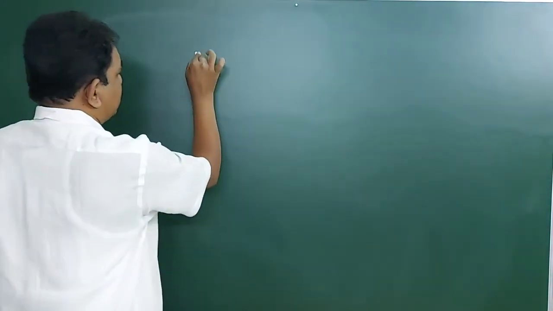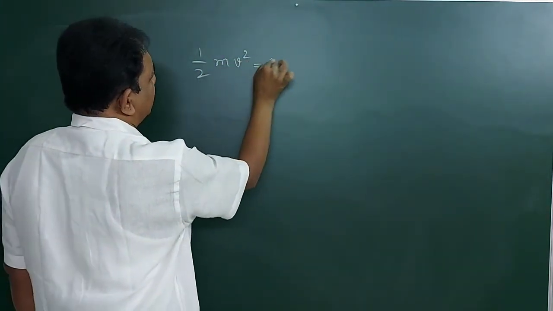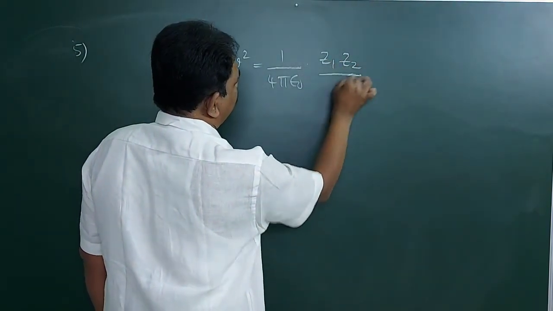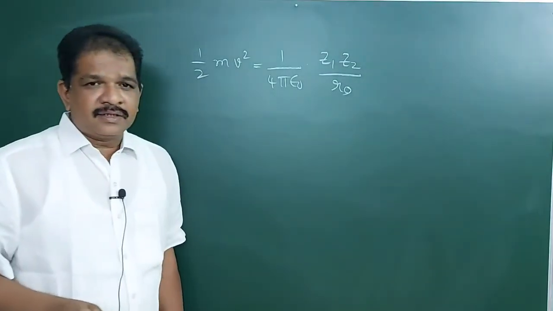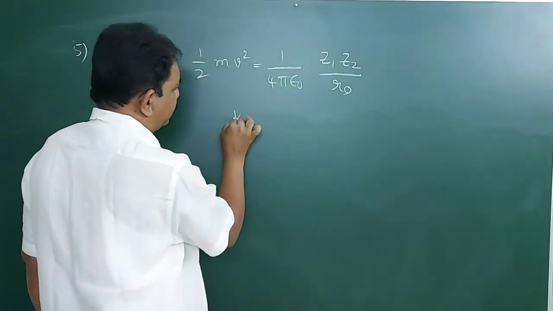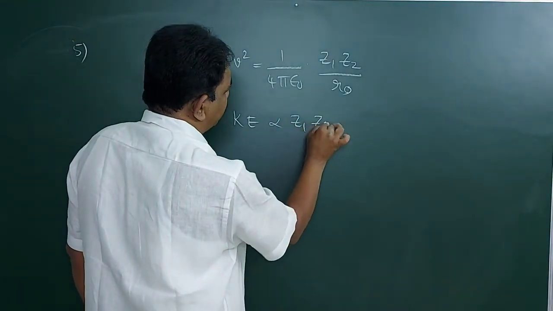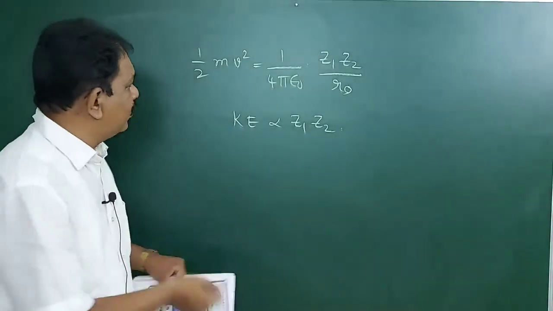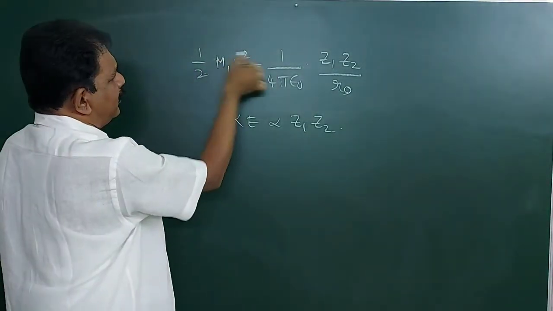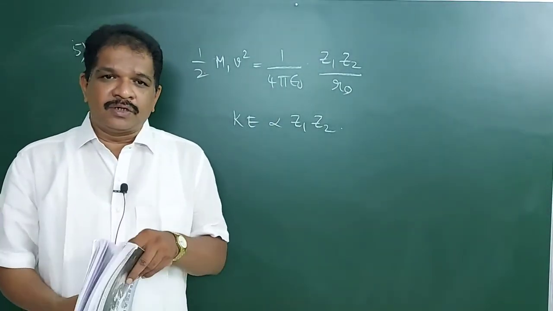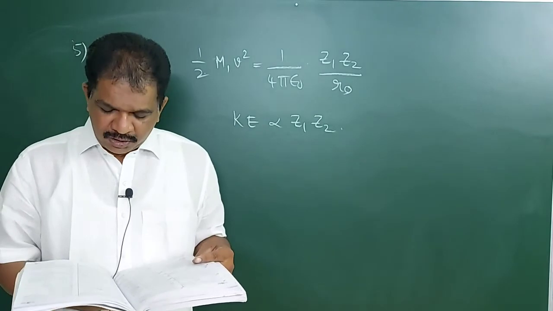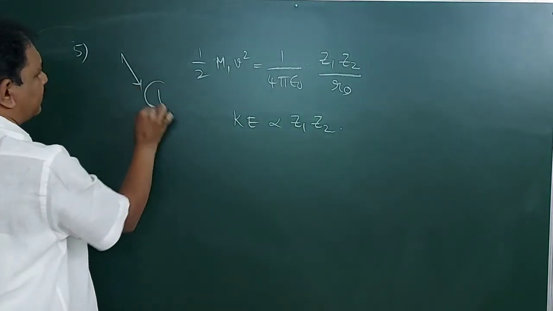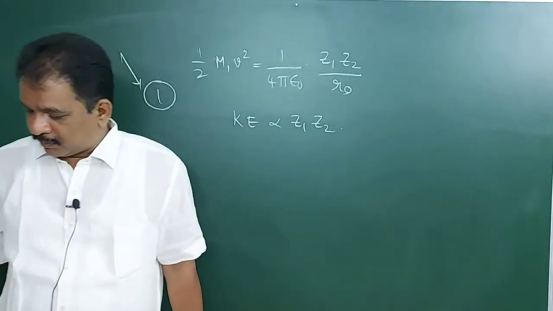Here kinetic energy will be converted into potential energy: 1 by 4 pi epsilon naught q1 q2 by r0. R0 is the distance of closest approach. Energy will be proportional to Z1 Z2. Here mass M1 you have to take. Its kinetic energy will convert into potential energy because M1 is moving towards the target nucleus. So the fifth question, it will be the first option.